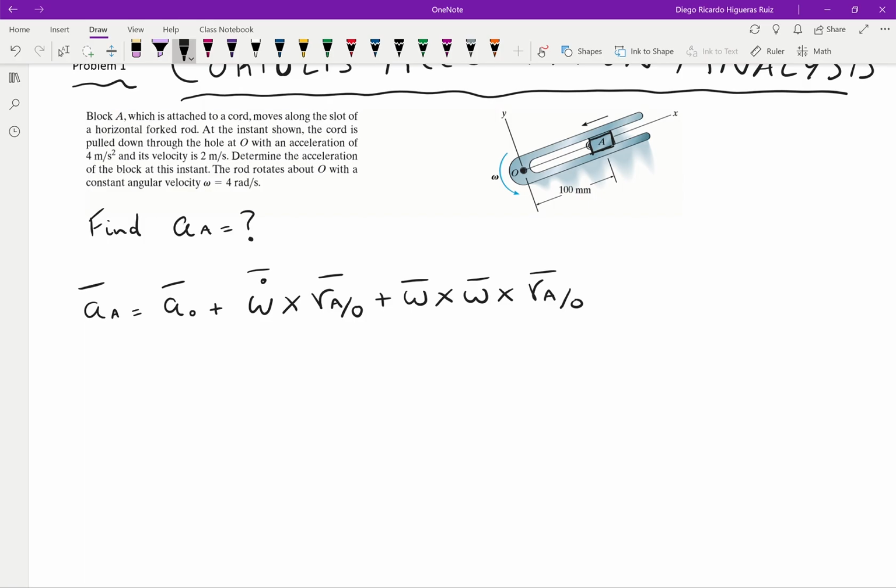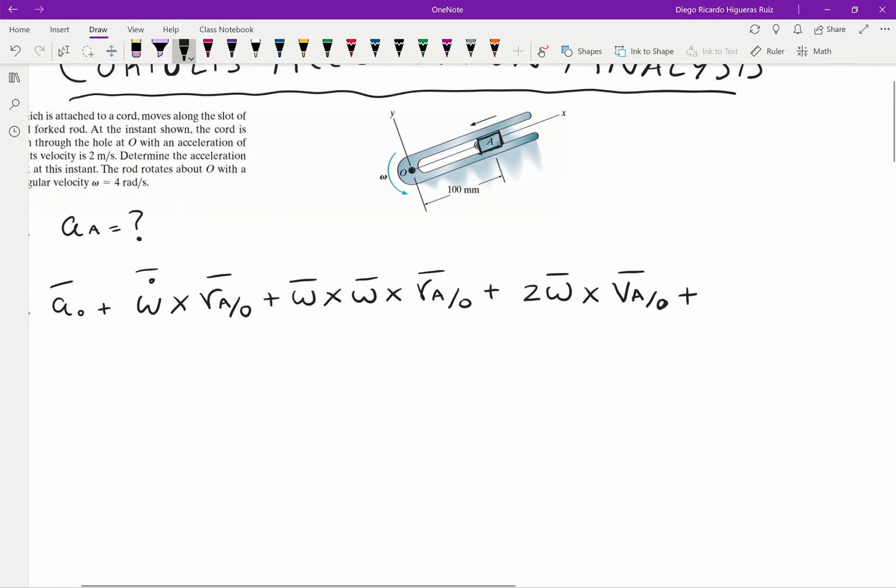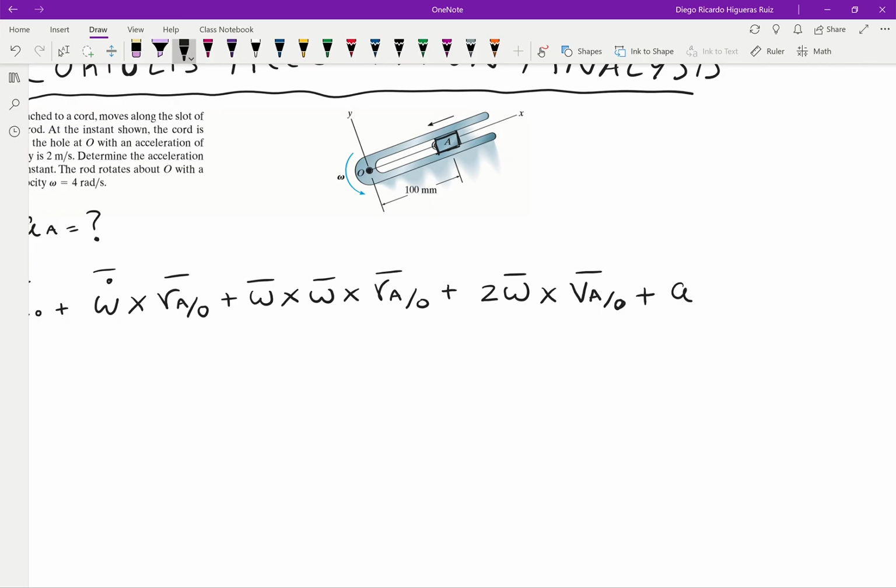However, for this specific problem and for this mechanism, we are also gonna have another term, which is the Coriolis acceleration term, which is basically 2 times the angular velocity cross product the velocity of A respect O, and then finally we're gonna have the acceleration.